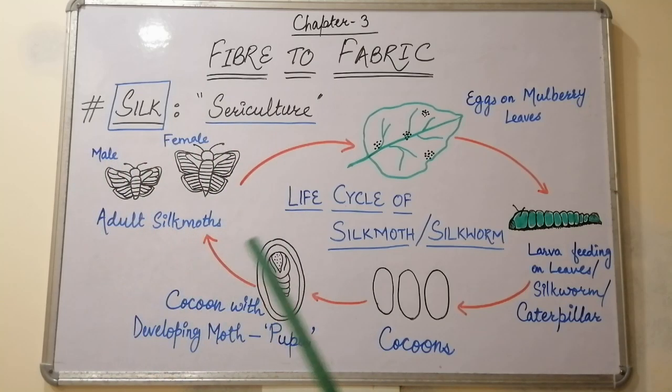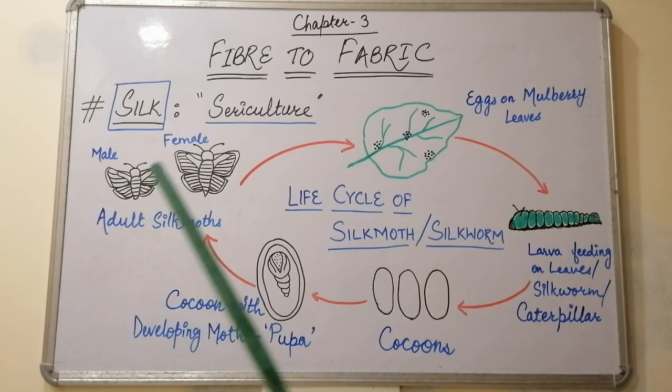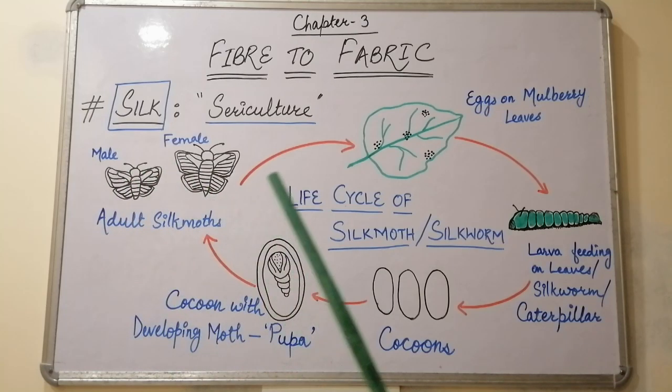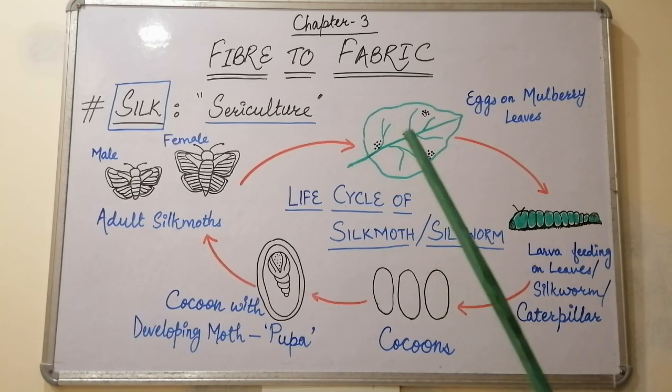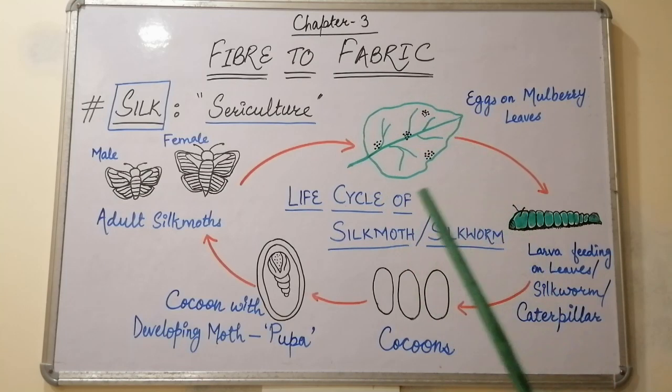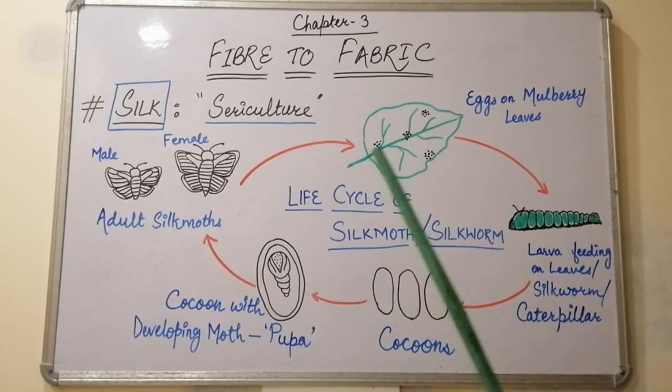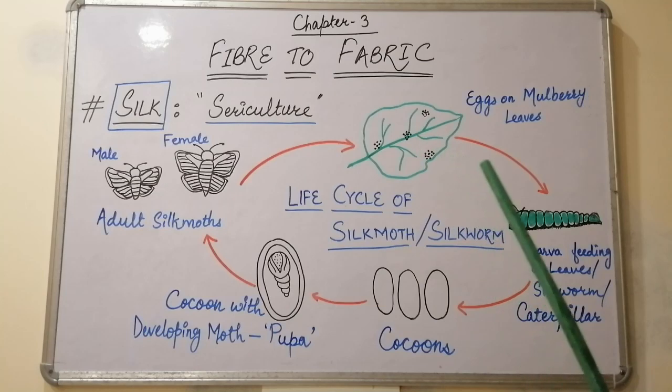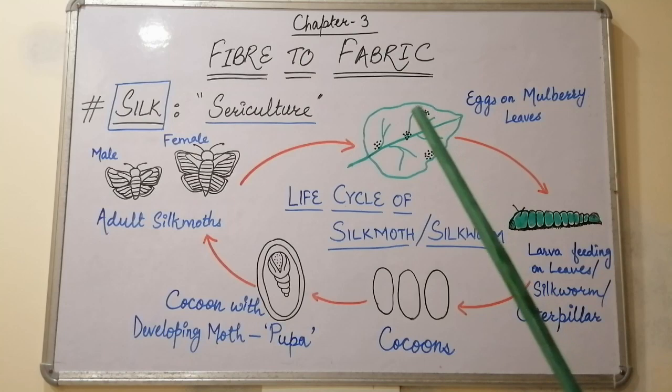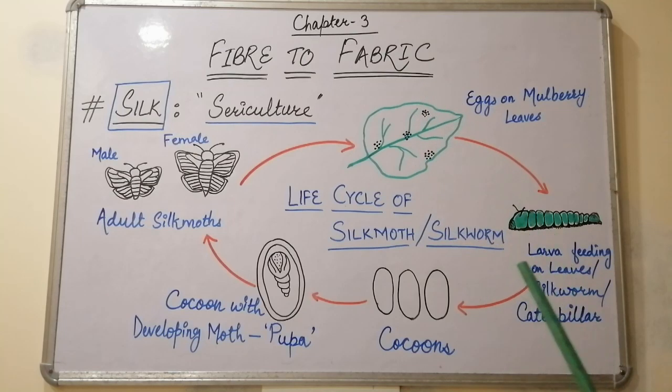Again the adult silk moths meet with each other and the female lays hundreds of eggs once again on the mulberry leaves. On the same mulberry tree they go on feeding, and when these eggs hatch out, they give larvae, and these larvae feed on the leaves.